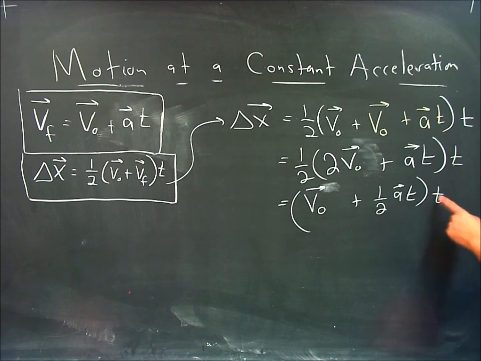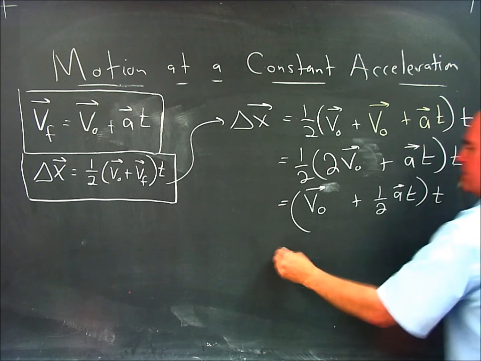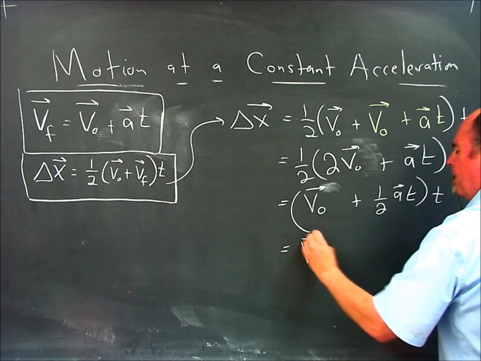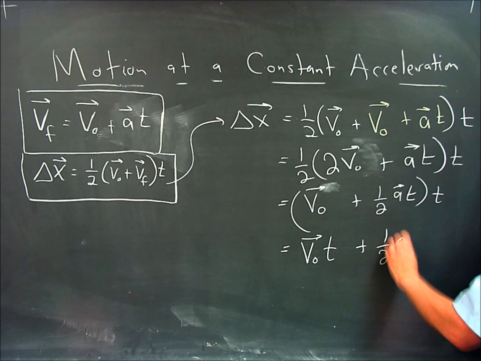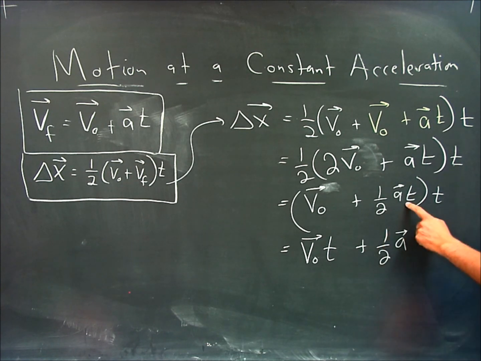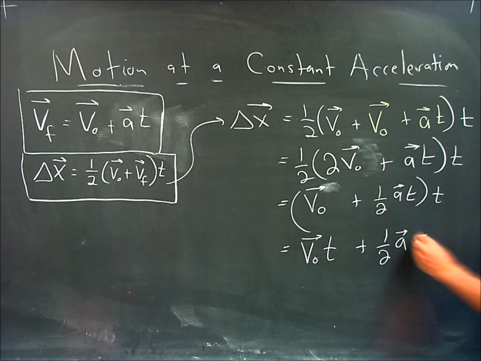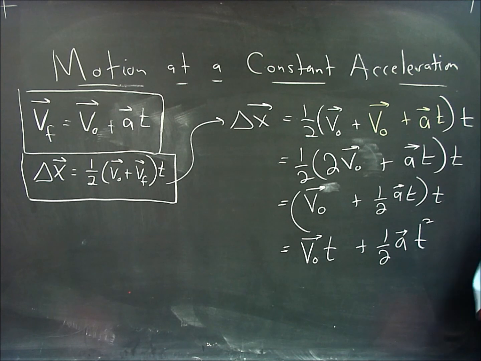And now why don't I multiply everything by t? So it comes out to be v initial times t plus 1/2 a, and I have the t here, and I multiply it by another t, I'll get t squared. Okay. And that's a new formula. That's our third formula.